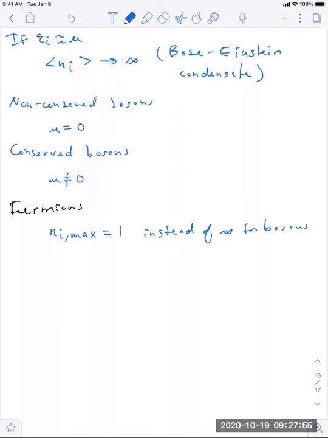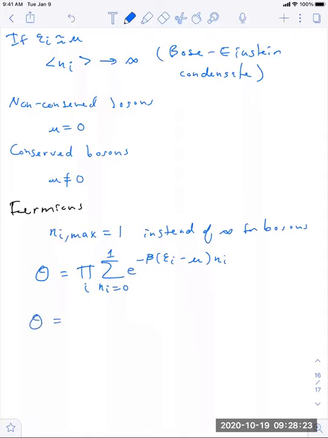And the way that manifests is now we take the same expression I wrote previously. So the product over all microstates i, from the occupation of that state going from 0, but instead of infinity, now we're going to 1, of the exponential that we wrote before. So now I don't have to do the same trick where I said the sum of x to the n is 1 over 1 minus x.